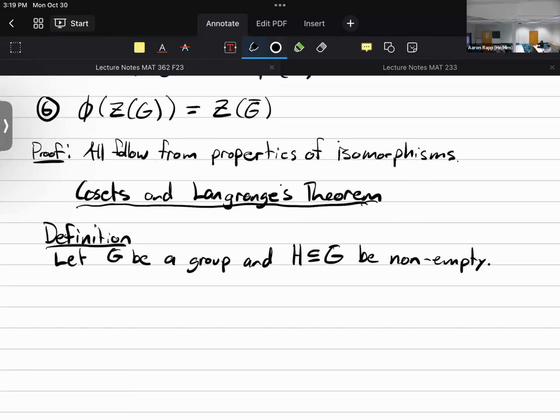Essentially saying I do have things to work with. Then for any element in the group G, we are going to define two sets.